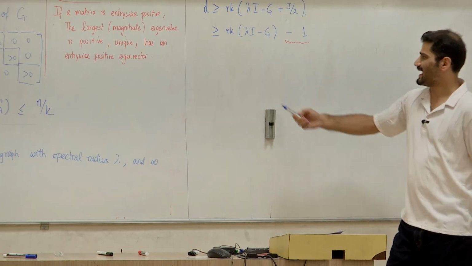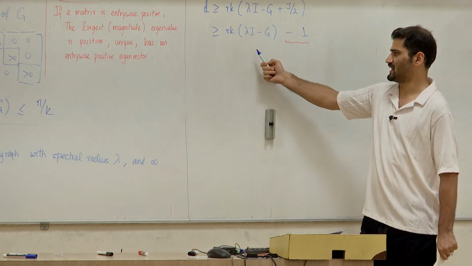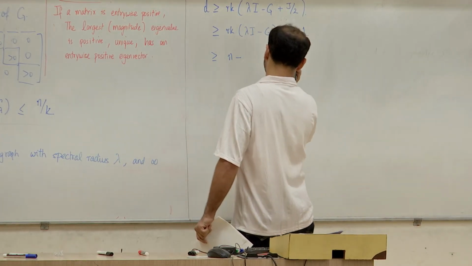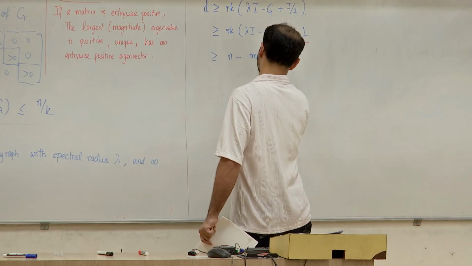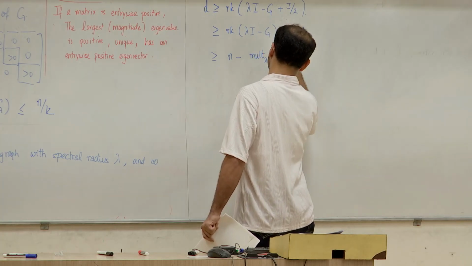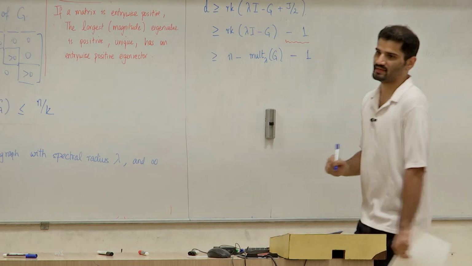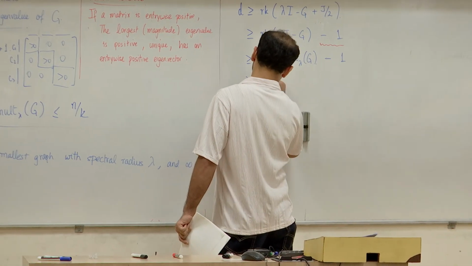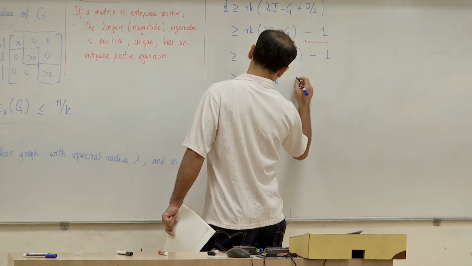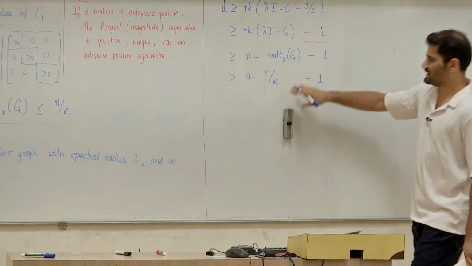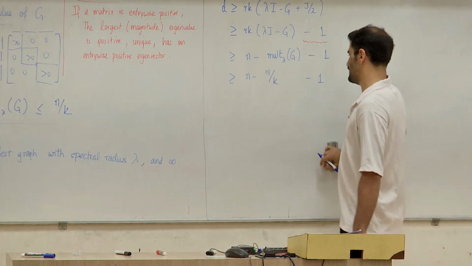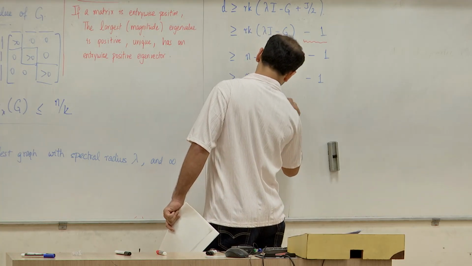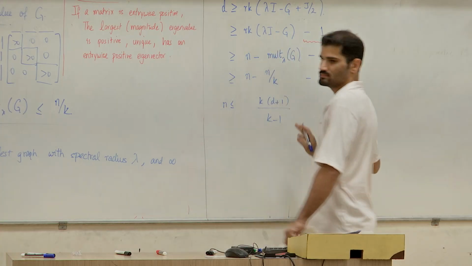So the rank of this matrix, lambda is an eigenvalue, is just n minus the multiplicity of lambda in G, and again the minus 1. Okay, this I know is small, so it is greater than or equal to n minus n over k minus 1, and I can rearrange it. I will get some bound, so I will get n is less than or equal to k d plus 1 over k minus 1 like that.